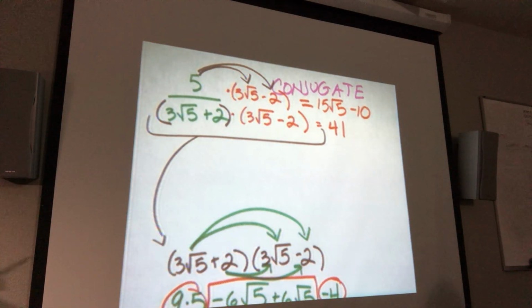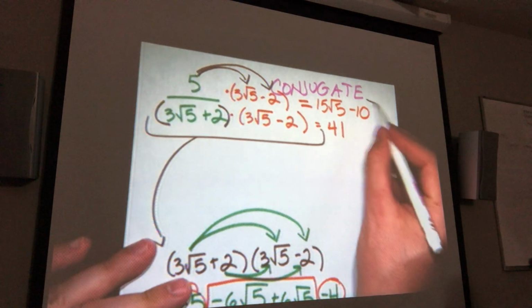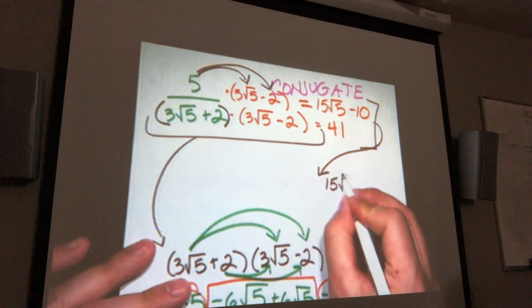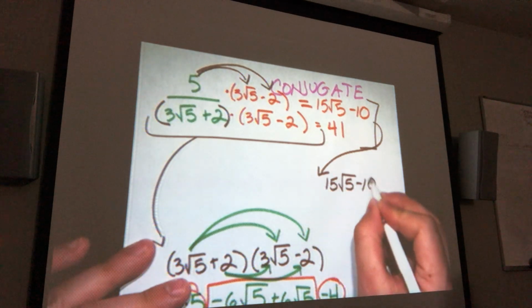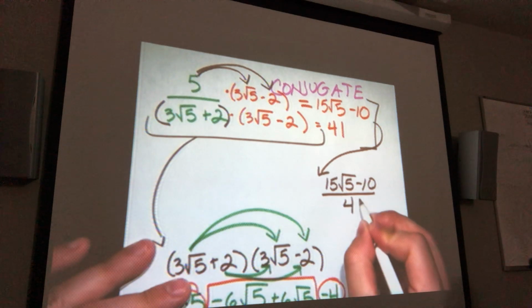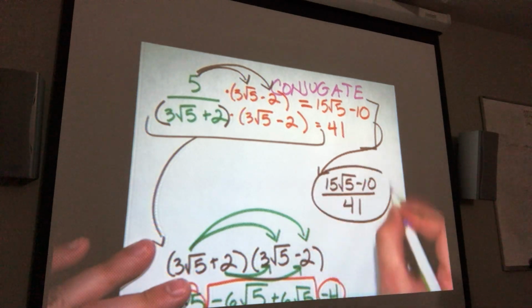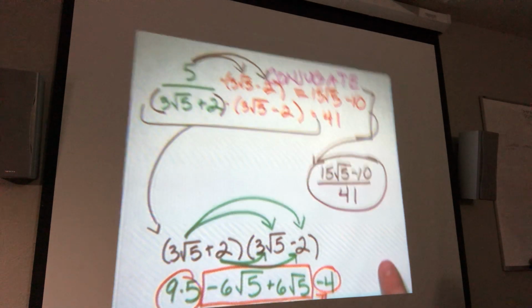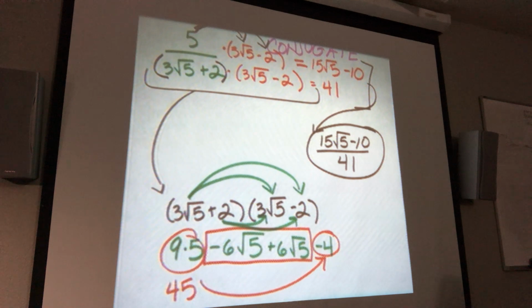So on the top, 15 root 5 minus 10. On the bottom, 41. And that's how you do it.